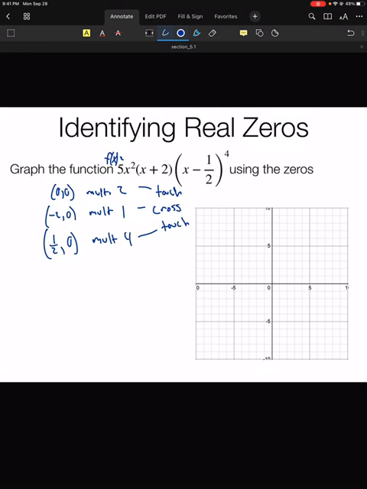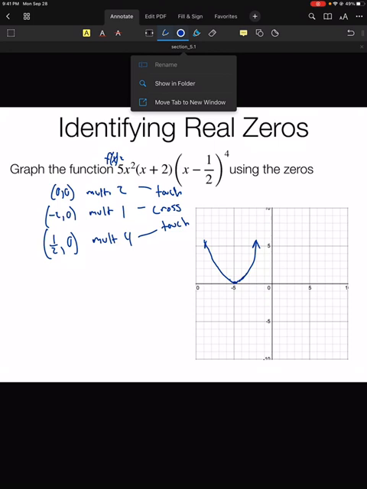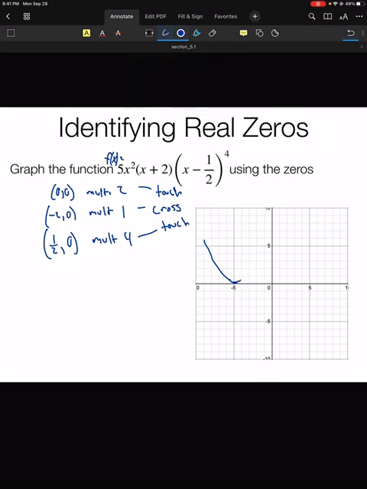What I mean by touch is if my function came down here and then touched the axis, but then came back up, then this would be the touch. But if it crossed the axis, then that's of course crossing.